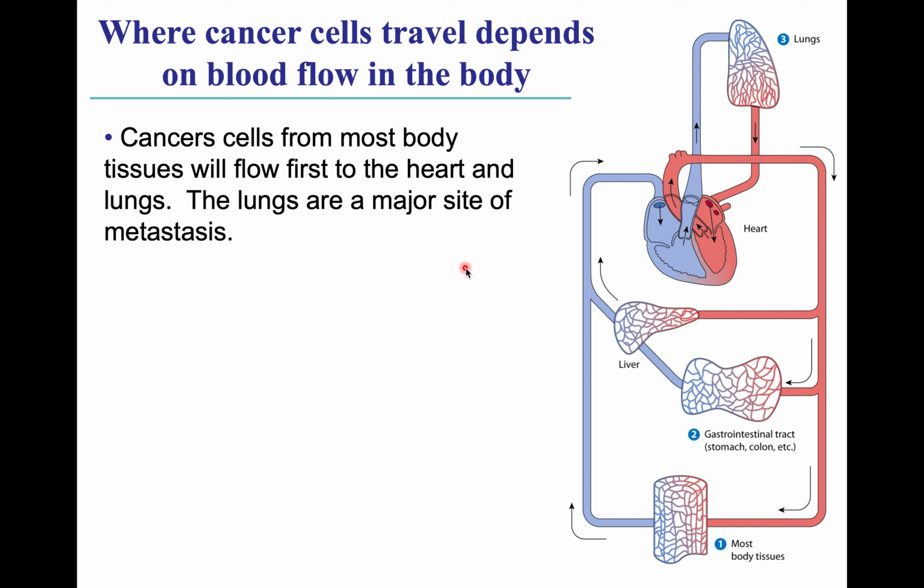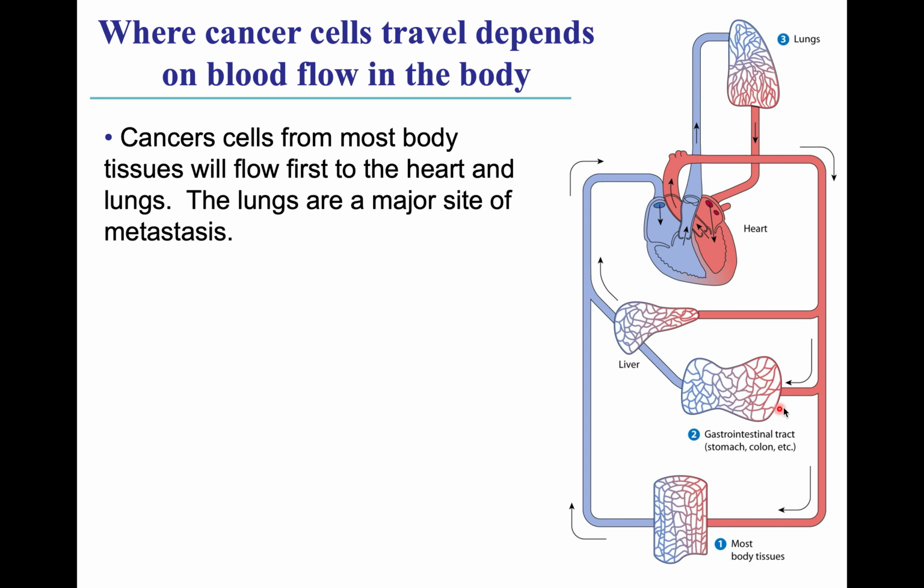There's also a fair amount of evidence, just from studying the trends in metastasis over the years, that in many cases where cancers metastasize may be largely dependent just on the direction of blood flow in the body.